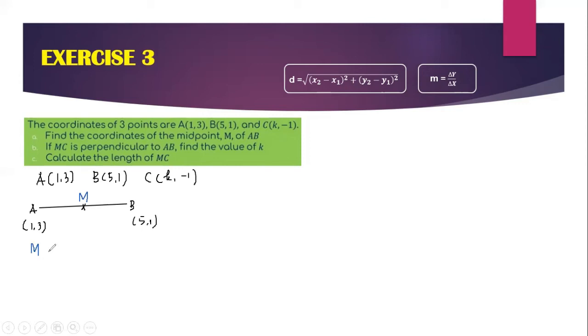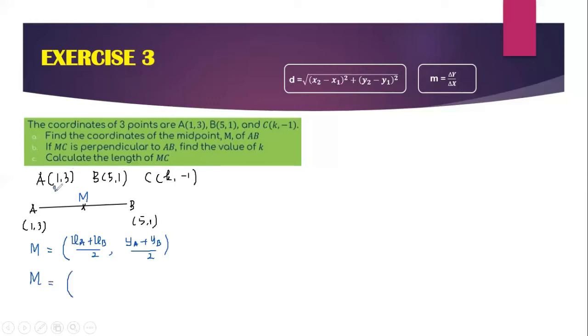So this is the formula of the midpoint: XA plus XB over 2, comma, YA plus YB over 2. Clear?